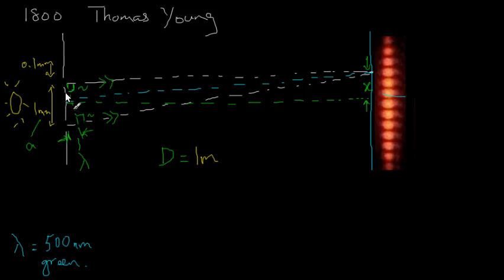Now I'm going to show that this very small triangle and that very big triangle are actually similar triangles, meaning that all the angles are equal. So I'll start with this angle. It turns out that this angle, which I'll call theta, is actually very close to this angle here, which is also theta.